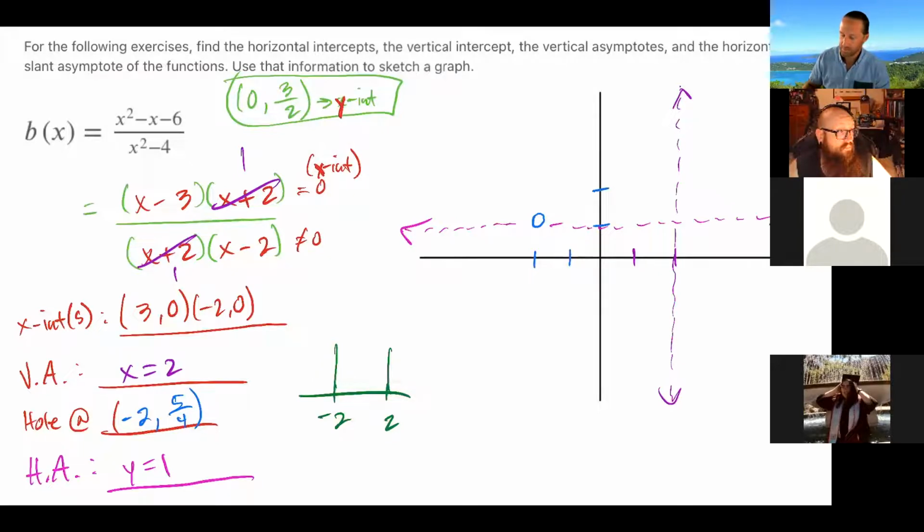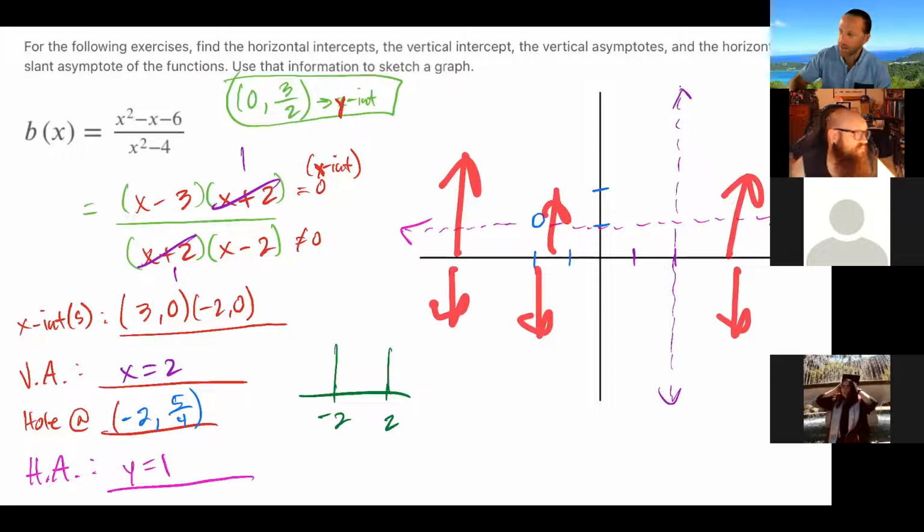Based on this, we can test here to see whether they're positive or negative by just choosing something way out here, in between here, or way out here. And that will tell us whether we're above or below our x-axis for our y's.